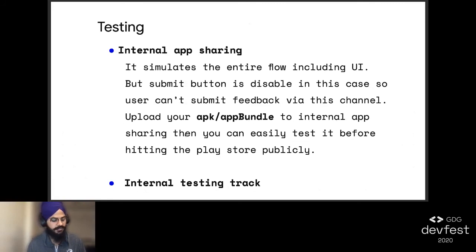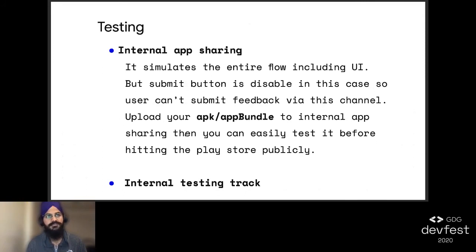In this case, it's really working like a real life scenario, because we can submit the feedback, and that feedback is not going to be published on the Play Store, but you can actually see it in the Play console that your testing feedback is there. So you can delete it, or just use this channel for testing purposes.